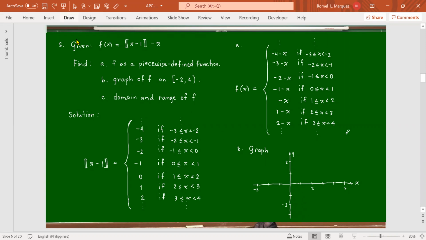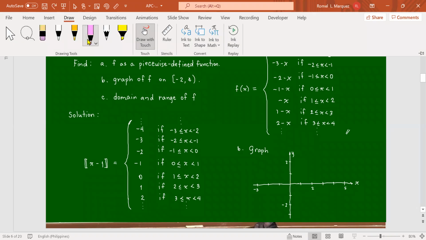Okay. Let's start with the first part from negative 2. So when x is negative 2, so where is it? Here, no?